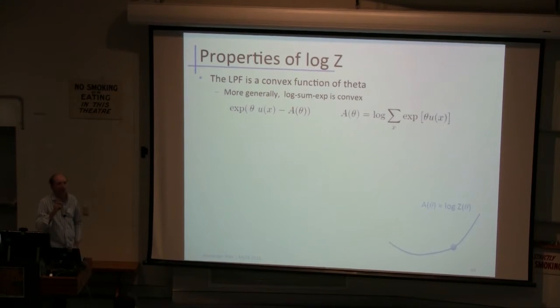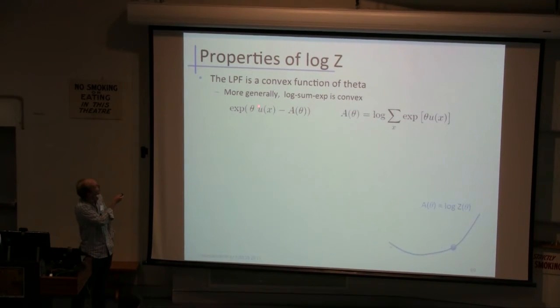In order to talk about this, I need one more property of the partition function, which is that the partition function, viewed as a function of this vector theta, is a convex function. So remember, our model is specified as this vector theta in exponential family form. And the log partition function, so log-Z, is a log sum exp of this form.